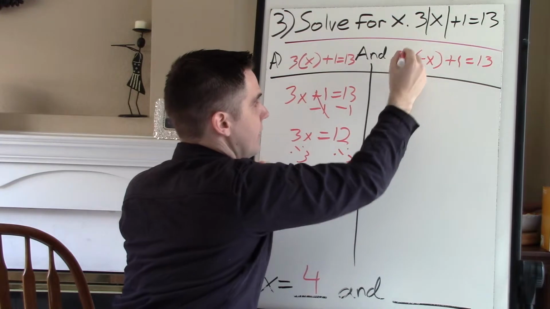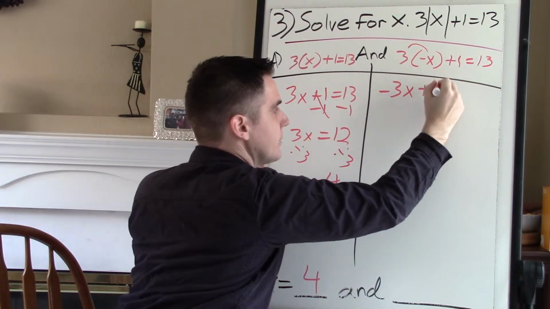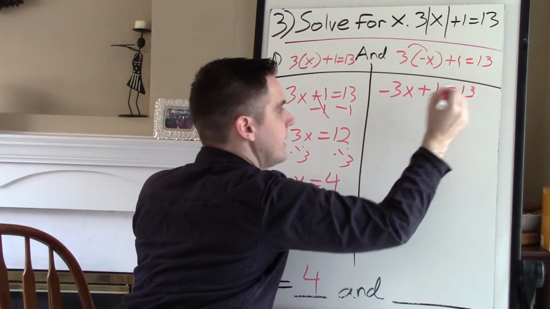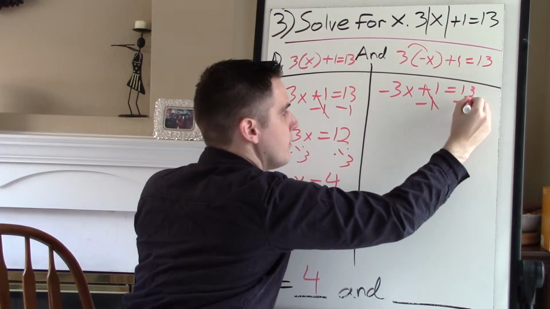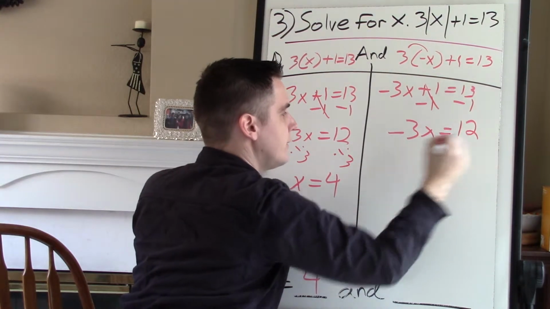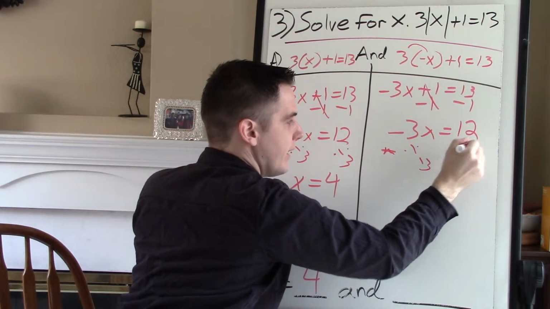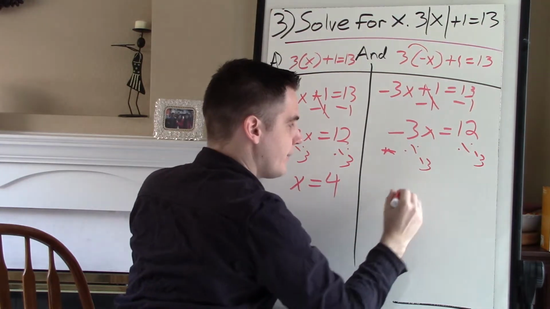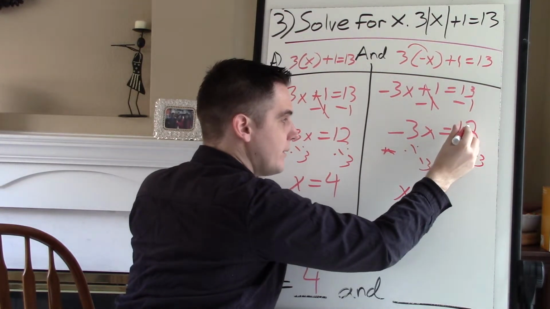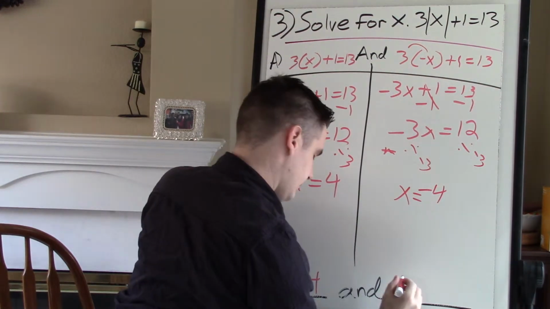Over here, distribute, and negative 3x is the result, plus 1 equals 13, minus 1, minus 1, negative 3x equals 12. Divide by negative 3, divide by negative 3. x equals positive 12 divided by negative 3 is negative 4.